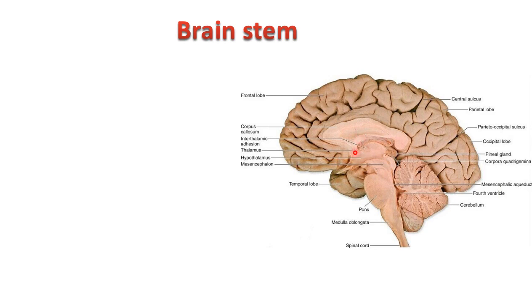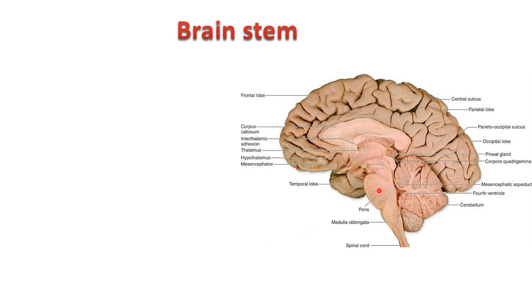Immediately below the cerebrum, so this we call it as a cerebral cortex. Below the cerebrum, what we see is the thalamus, which is a sensory relay center. It is a part of diencephalon. This is the telencephalon, and that is your corpus callosum, which connects the two cerebral hemispheres. It is a white matter.